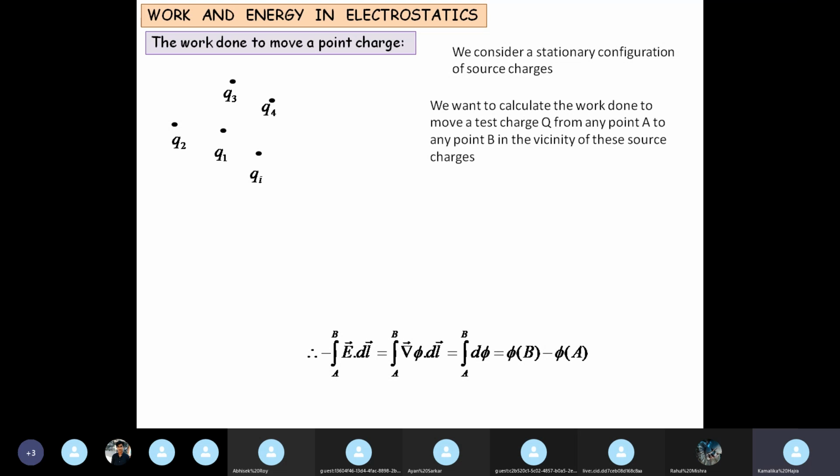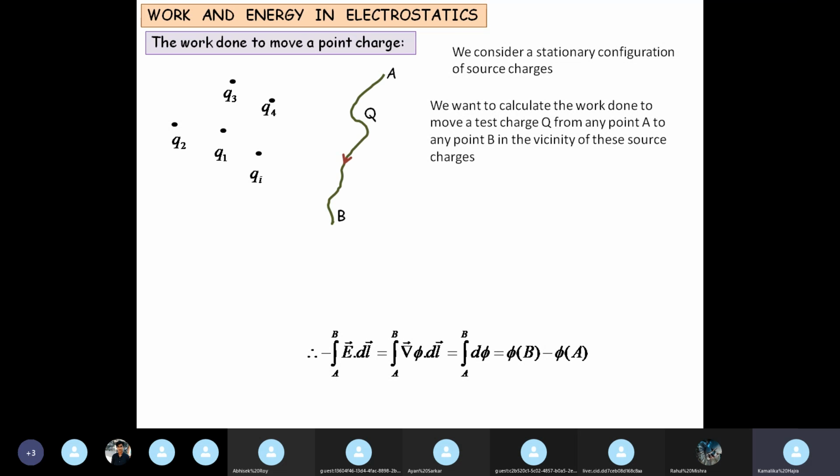Now, what we want to do is calculate the work done if you want to move a test charge capital Q from any point A to any point B in the vicinity of these source charges. These source charges have created a field around them. We want to calculate the work done to move a separate charge capital Q in the presence of these charges.